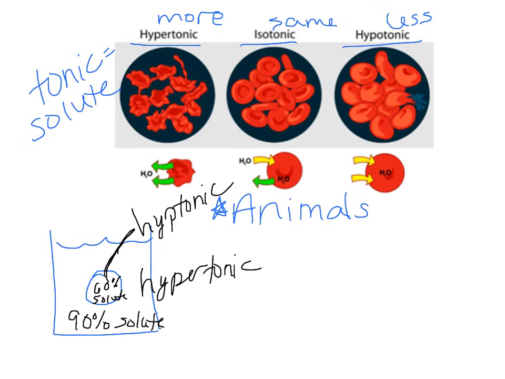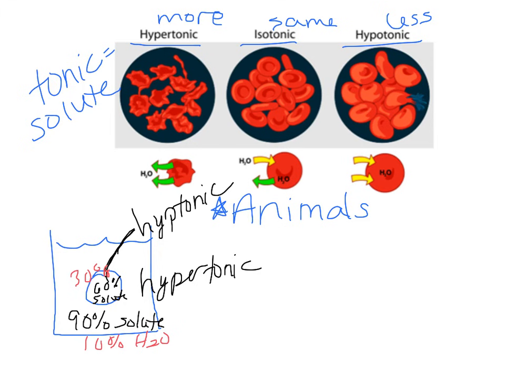Remember that cell membrane is selectively permeable. So water is what can leave, not the solute. Water can move. So I need to take this information and turn it into water concentrations. If I have 90% solute, then I have to have 10% water. And if I have 60% solute, then I have 30% water in my cell.